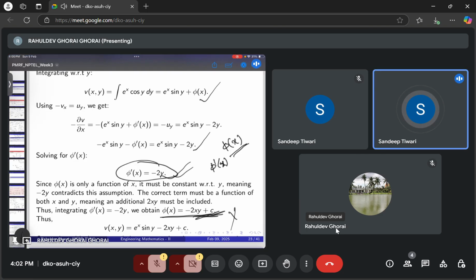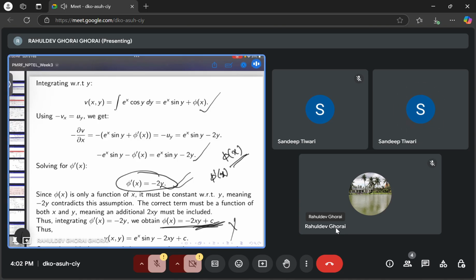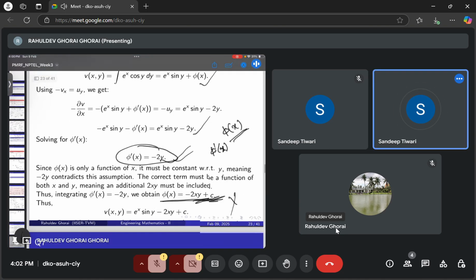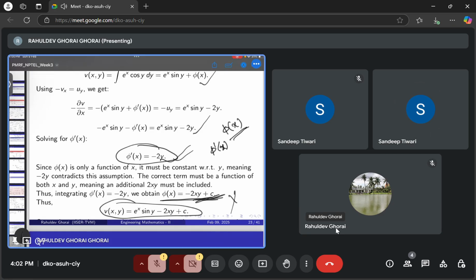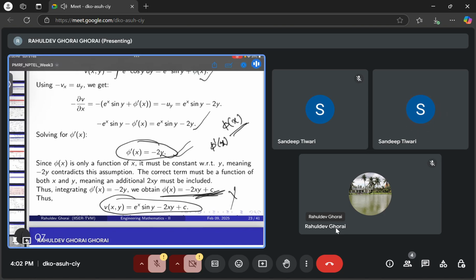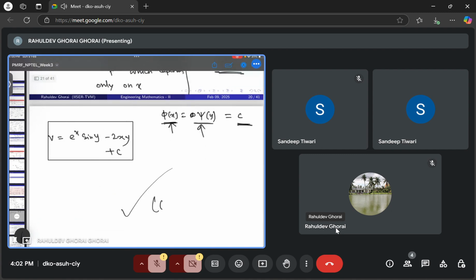Sir, if we check the CR equations, then the CR equations will not be satisfied. Your equation will not be satisfied in that case. If you take phi like this, then the CR equation will not be satisfied, right? Yes, sir, minus is there. Exactly, so this solution is not correct, but this solution is correct.